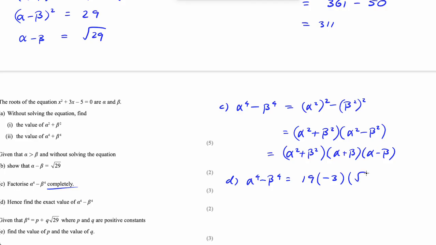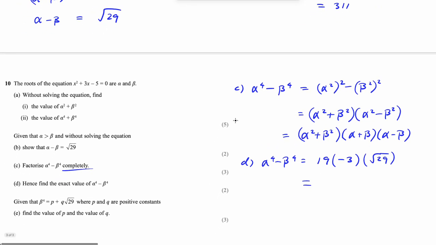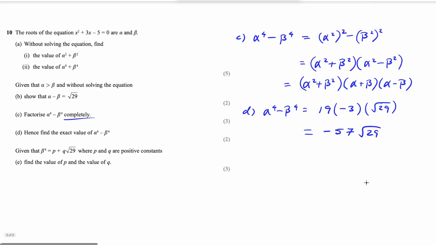So this is going to give me just 19 times 3, guys, is 57, and negative 57 root 29, and I'll just leave it like that. I think he said the exact value, so I don't want to put it as a decimal, so it's negative 57 root 29, like that.